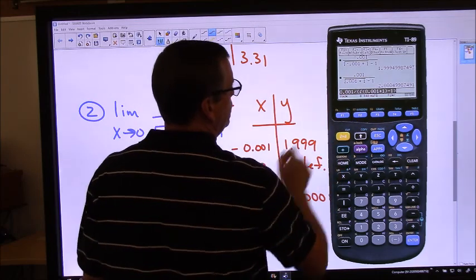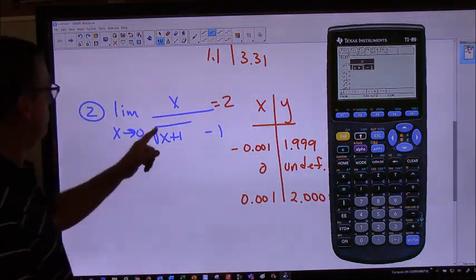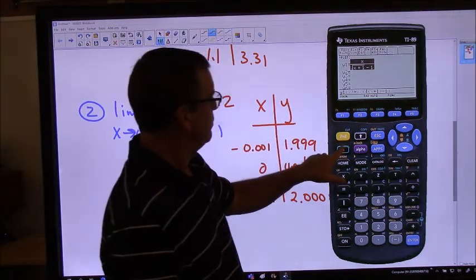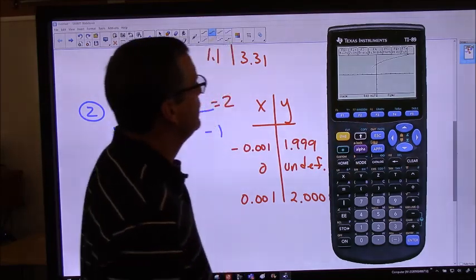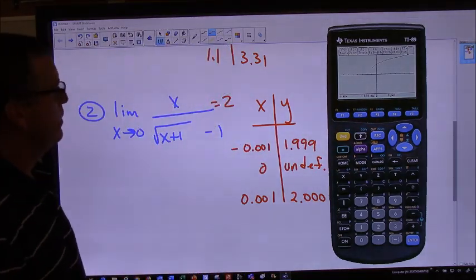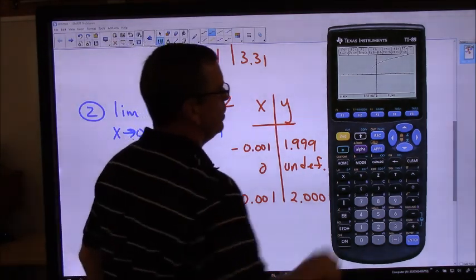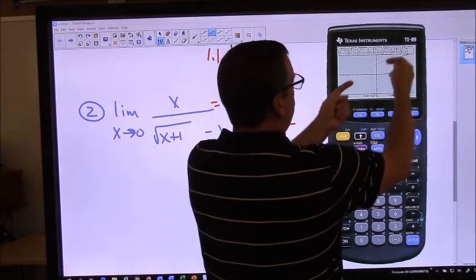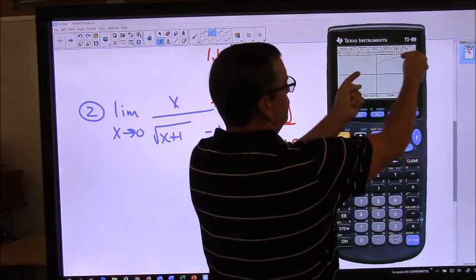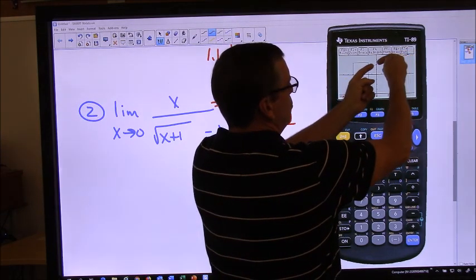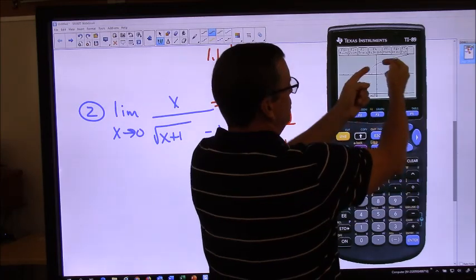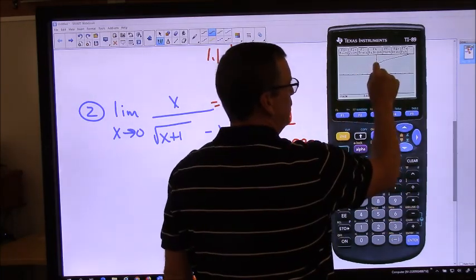I think I've got it punched in here. Yep, there it is. So I'm going to graph it. And there's what the graph looks like. And so our question again is, what are the y values getting close to? So if I follow on the graph from both sides, getting closer and closer to where x equals 0, what I can see here is that my y values are zeroed in on that point.